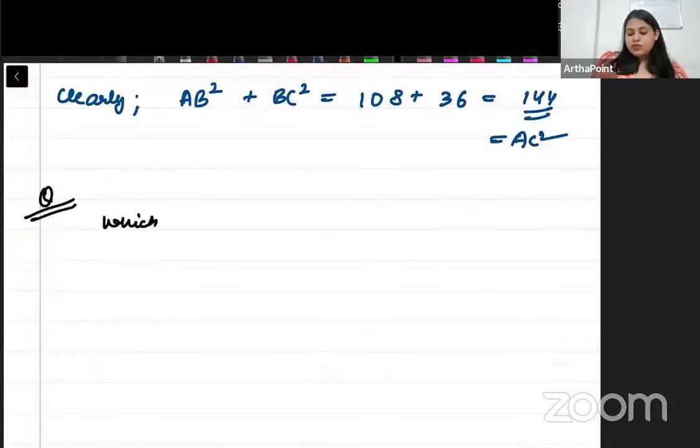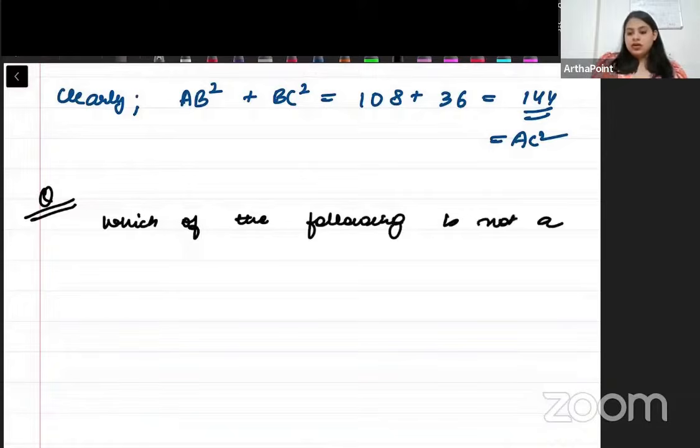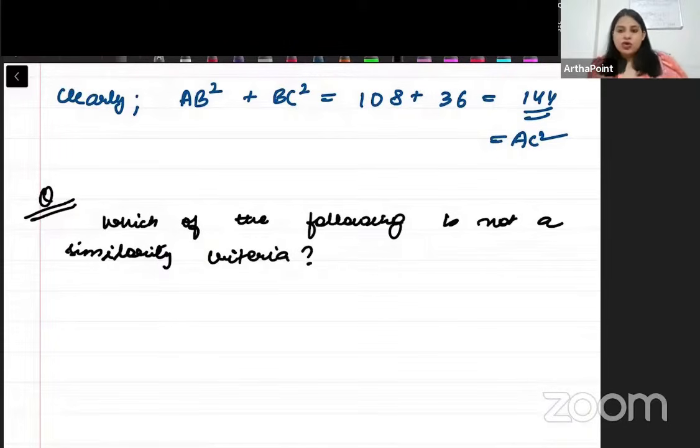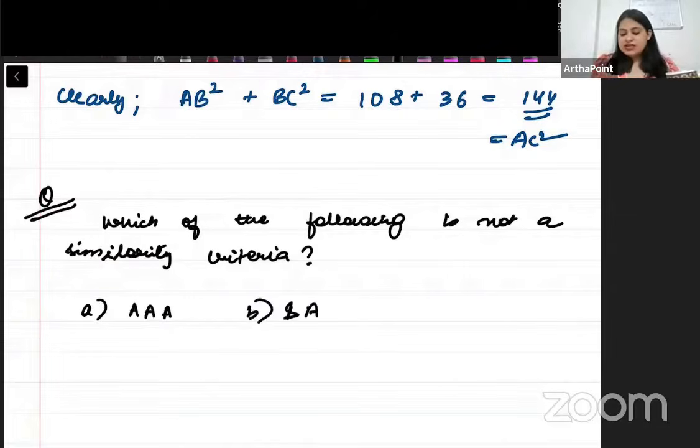Which of the following is not a similarity criteria? I just taught you all the similarity criteria, which is not a similarity criteria. A, AAA, B, SAS, C, SSS, D, ASA.